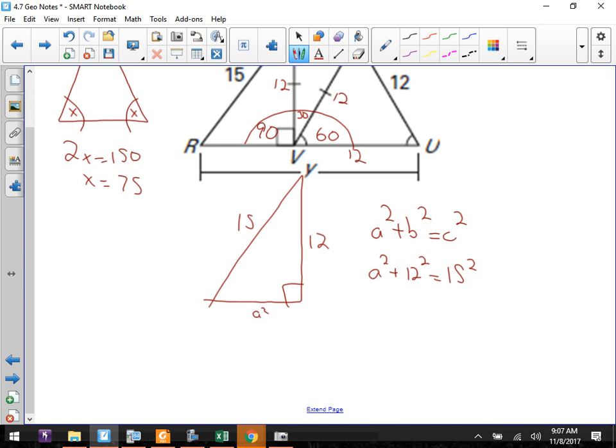So using your calculator, you type in 12 squared, 15 squared. Subtract that out, you get 81. And what's the square root of 81? 9. So what's 9 plus 12? So there's your y value.